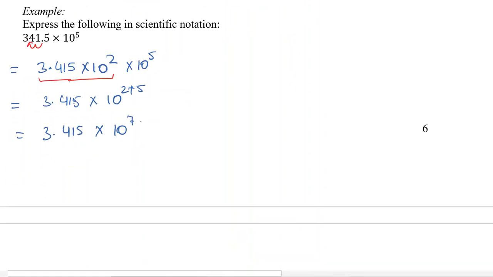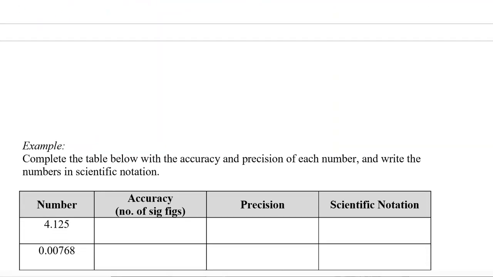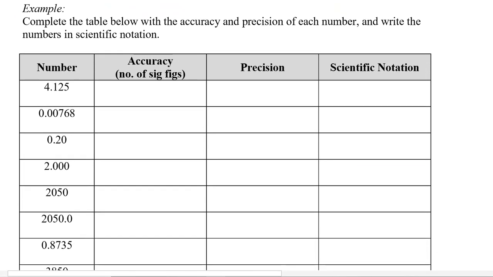In the next problems, we're going to do some practice figuring out the number of sig figs, precision, and the scientific notation for these numbers. If you don't remember, let's just recall our number of sig figs rule.